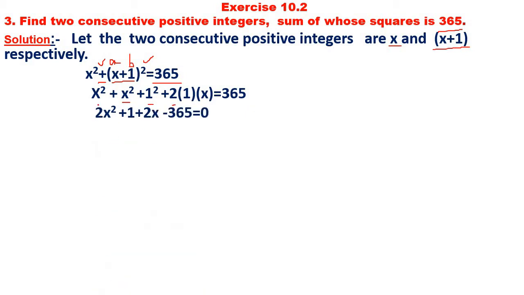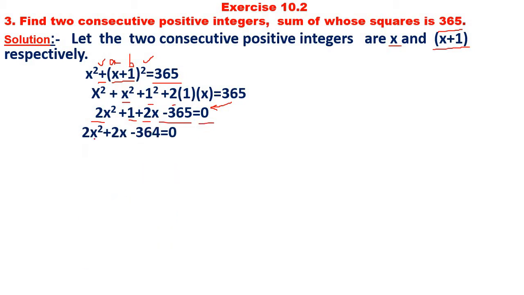So x square plus x square is 2x square, 1 square is 1, and 2 into 1 into x is 2x. Then transpose 365 to the LHS, so it becomes minus 365, equal to 0.